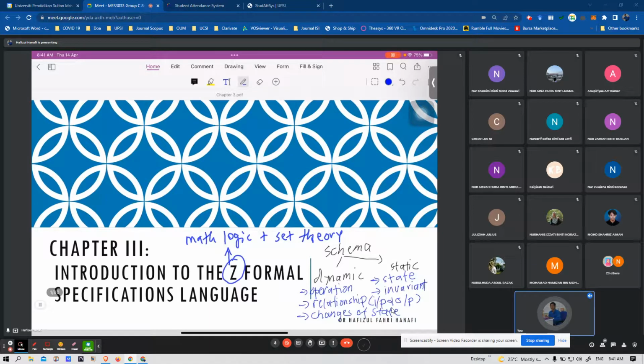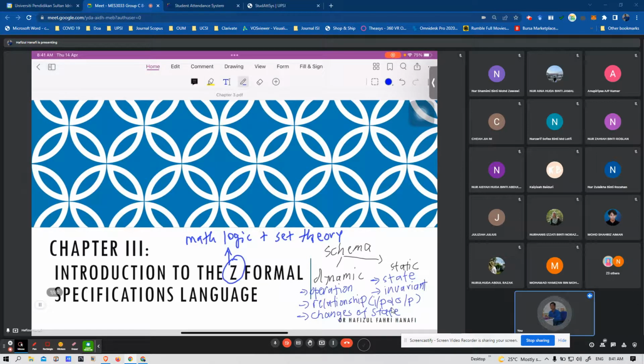Okay, then as you can see, the schema contains two main components. First one is the dynamic, secondly is static. Later I will explain this at the end of the slide.